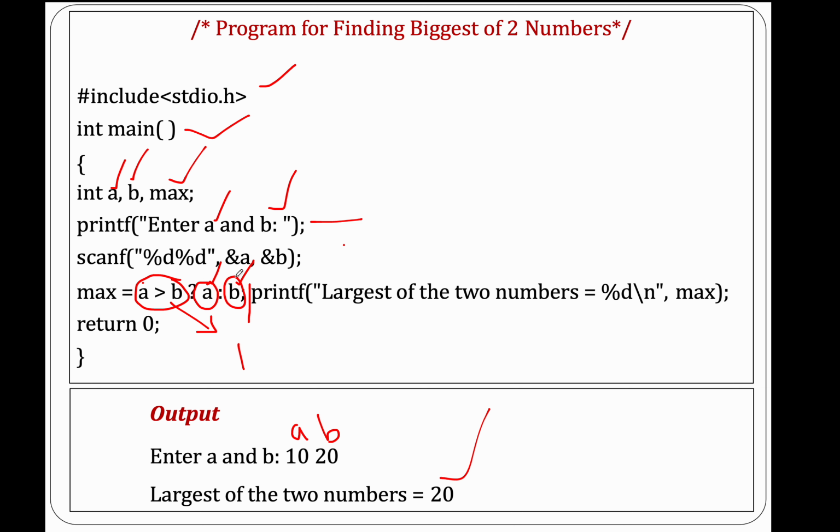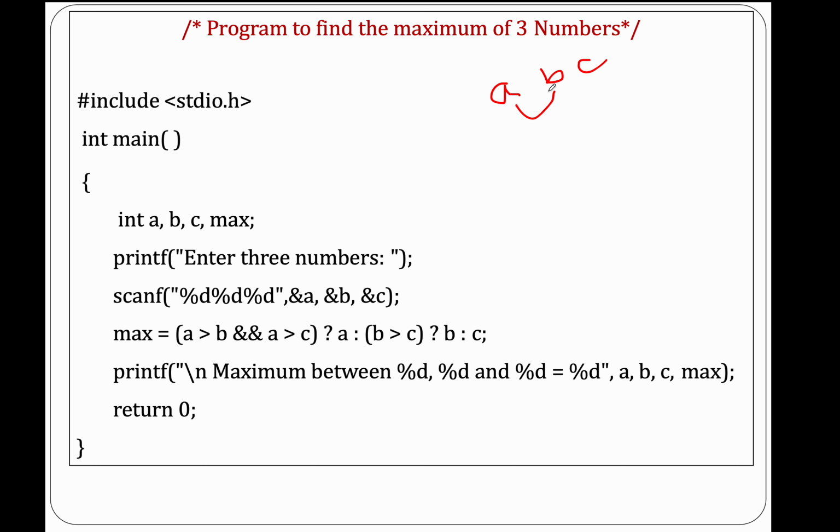There are three variables A, B, C. A has to be checked with B and A has to be checked with C. If both conditions hold, A is greater than B and A is greater than C, then only A is greater.